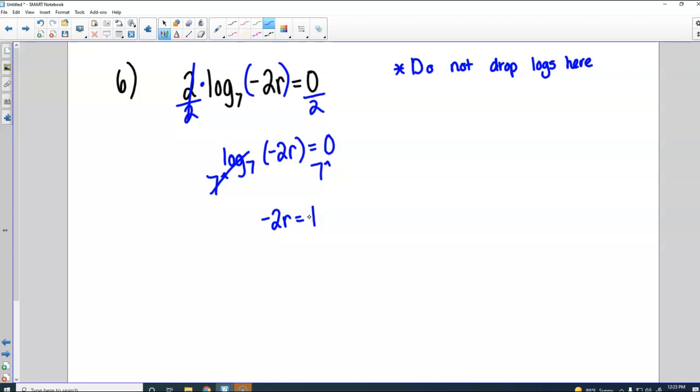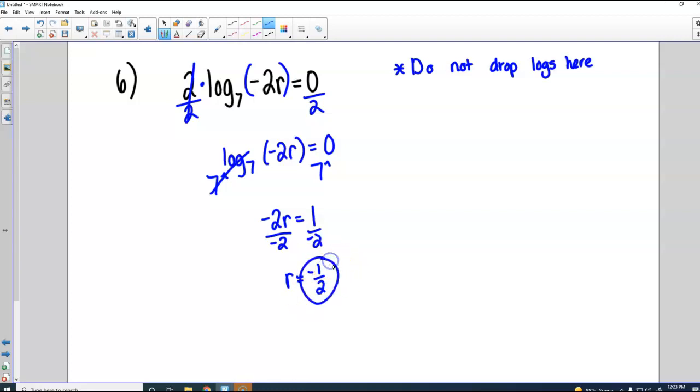All right, and then our last step here, just divide by negative 2. So r equals negative 1/2. You do always want to check your answers, because I'm getting a negative answer here, which seems wrong.